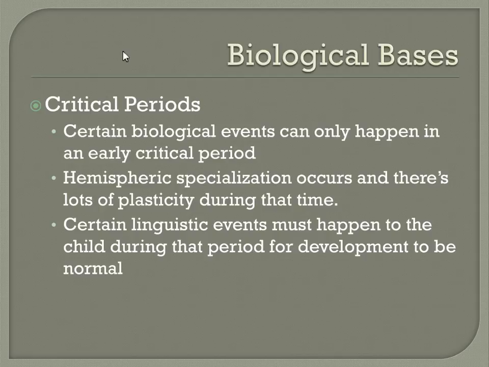So I have to have that biology and genetics happening and development, that sort of thing. And I also have to have these linguistic events, which basically means people are talking to you, you're hearing language, you're interacting with it. So I have to have both the biology and the environment for language to develop naturally.